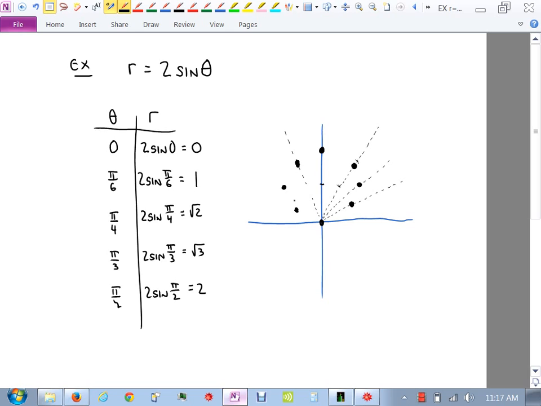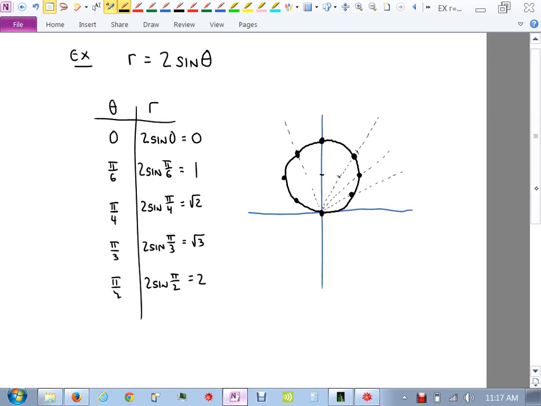Actually, if you put it all together, it's going to be a circle. Like this. It's not good, but it's a circle. The radius is 1. It's very odd that that works out that way, but that's what it is.